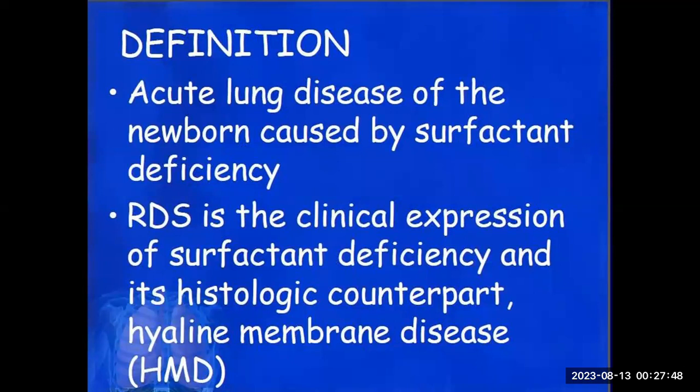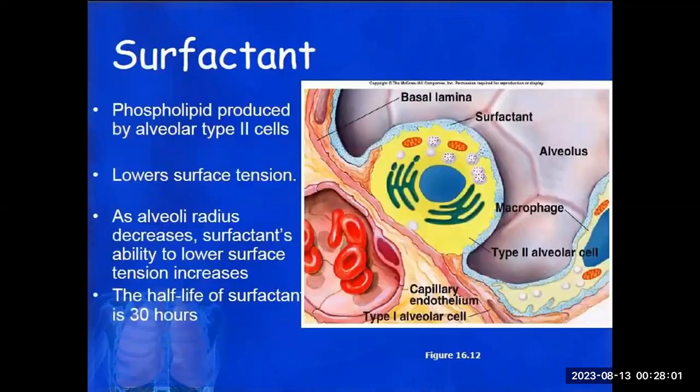Acute lung disease of the newborn caused by surfactant deficiency. RDS is the clinical expression of surfactant deficiency and its histological counterpart, hyaline membrane disease. Now, this tells you the mechanism, how it works. Phospholipids are produced by alveolar type 2 cells.